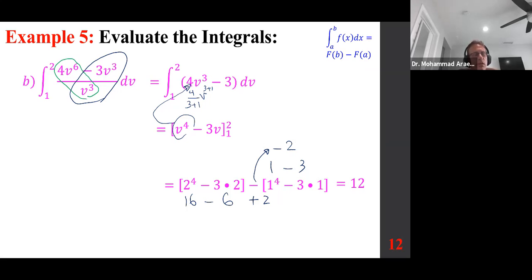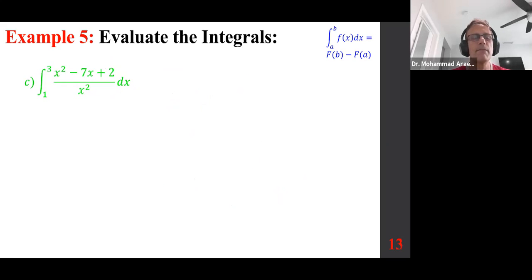We are evaluating the integrals, class. I hope you remember we did this without evaluation from 1 to 3. In other words, we did the indefinite integral and we added a constant. So I'm going to quickly remind you. Again, you cut it into 3 fractions.